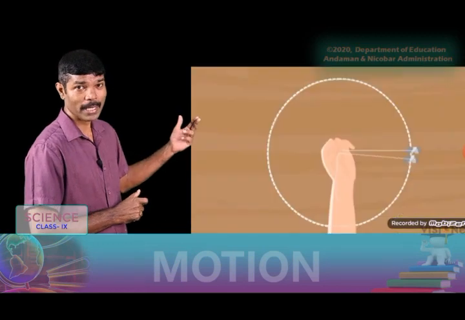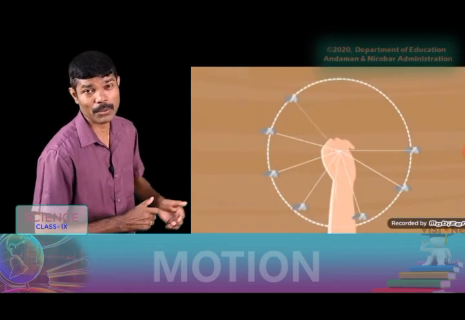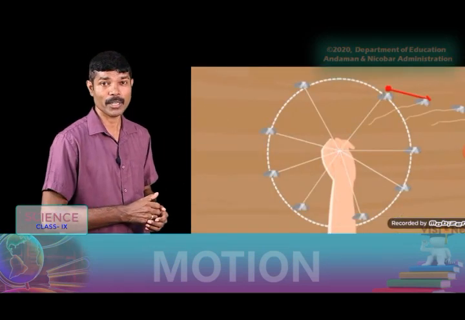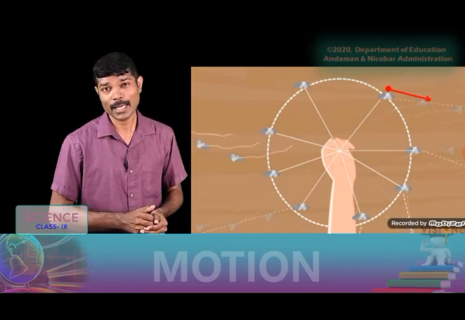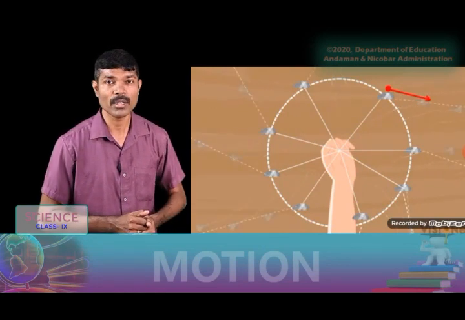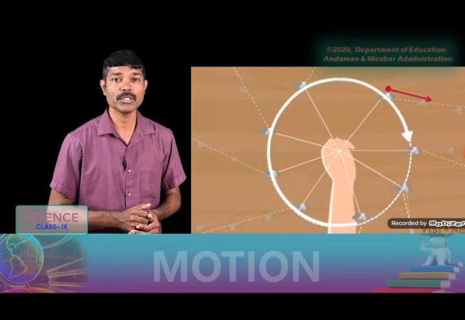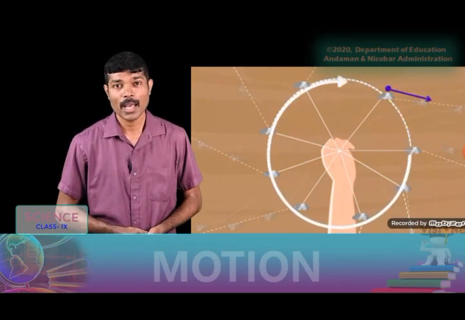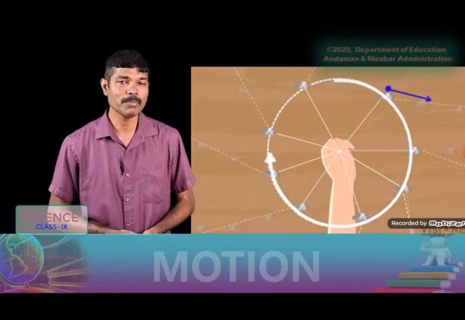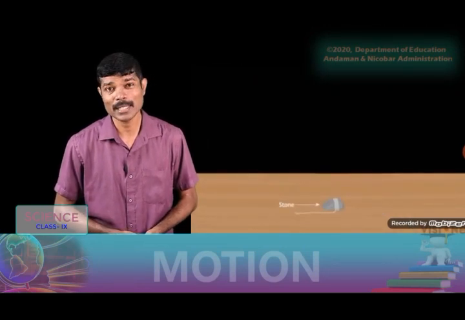So the stone is continuously accelerating due to change in the direction of motion. However, we can see the motion of the stone is uniform as the speed remains the same. Dear children, as we know that whenever an object covers equal distances in equal interval of time, it is said to be uniform motion.